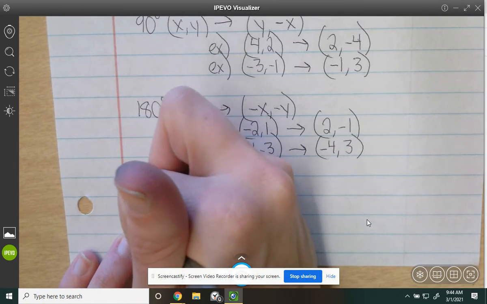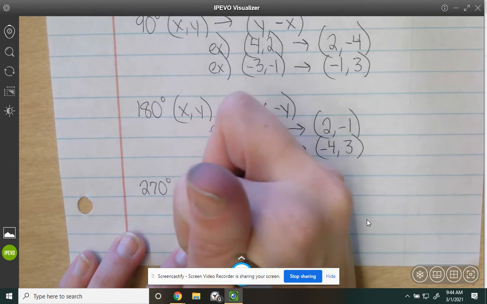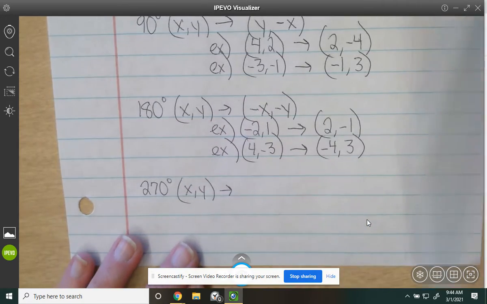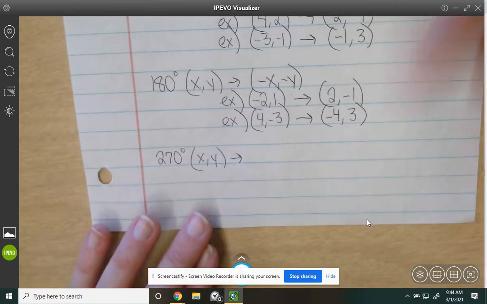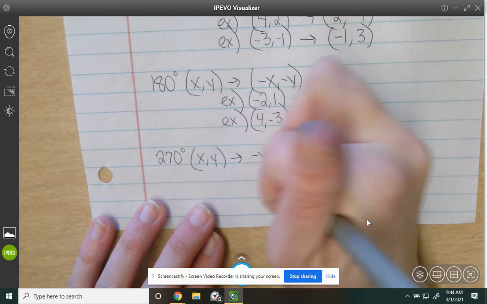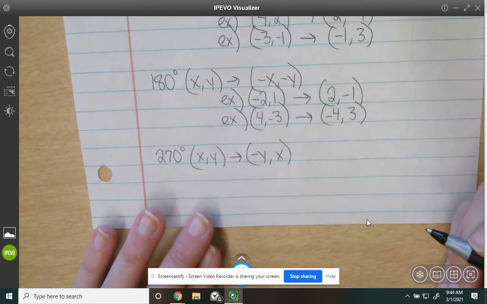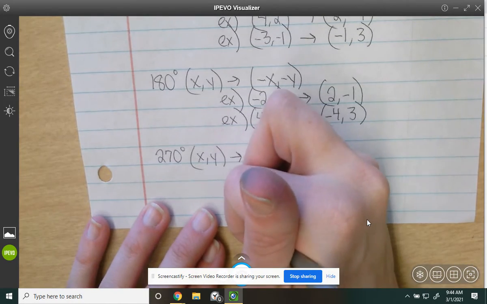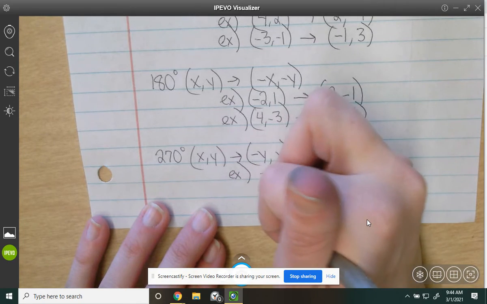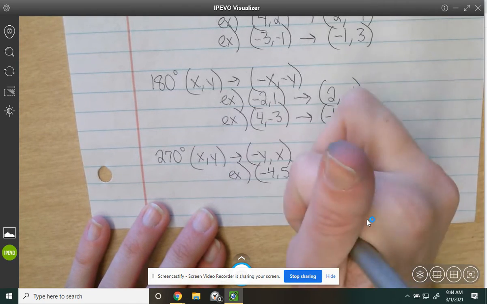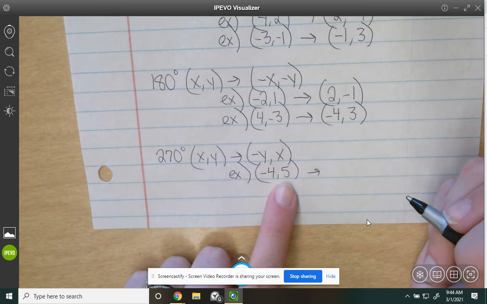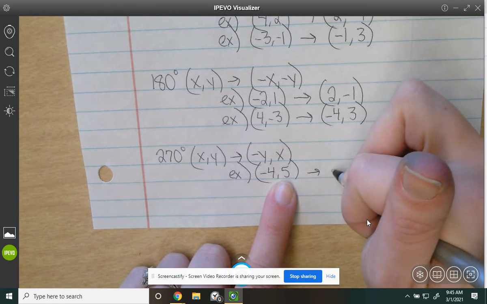All right, last one is 270 degrees. They are going to flip-flop again, but this time your Y is the one that changes and your X stays the same. So if I have -4, 5, I'm going to flip-flop, but I have to change my 5. So it's no longer a +5.